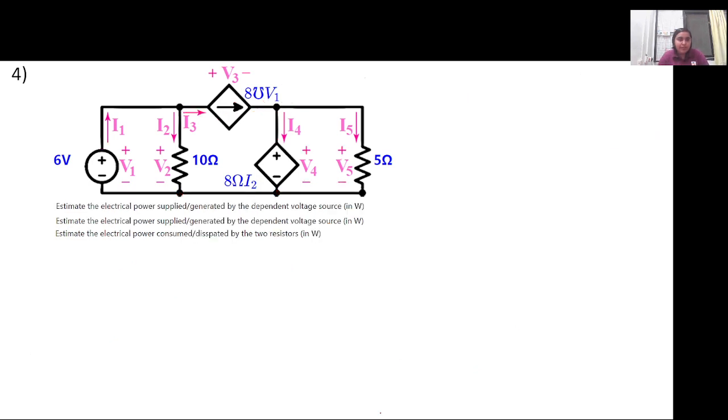Now we have to estimate the power supplied or generated by the dependent sources.